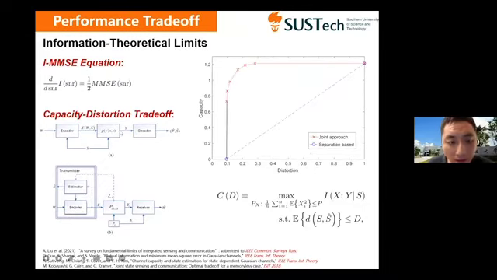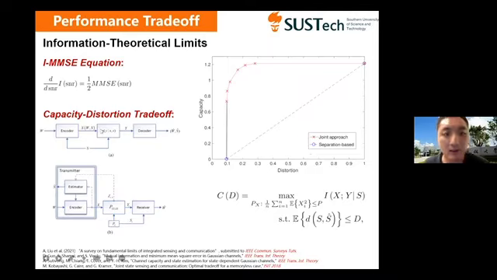Then there is another line of research on the so-called capacity-distortion trade-off. This is also very old research, proposed maybe in 2001. It is a very classical paper by Thomas Cover's group. Thomas Cover, maybe everyone knows his book Elements of Information Theory. They studied the problem of capacity and state estimation for state-dependent channels. What is a state-dependent channel?